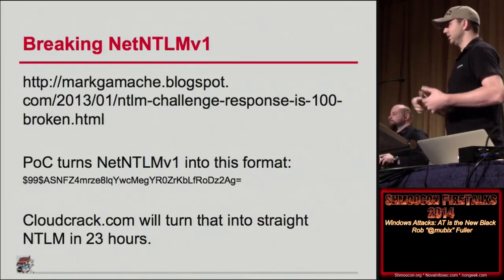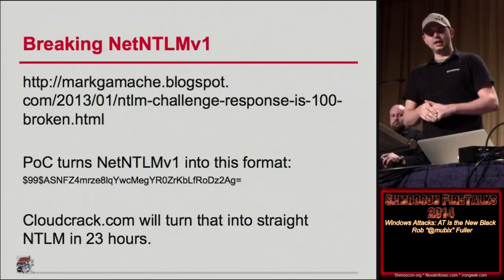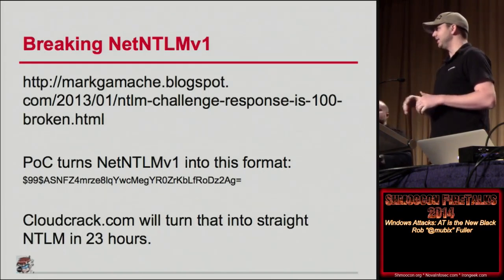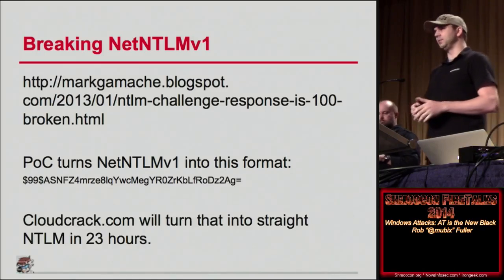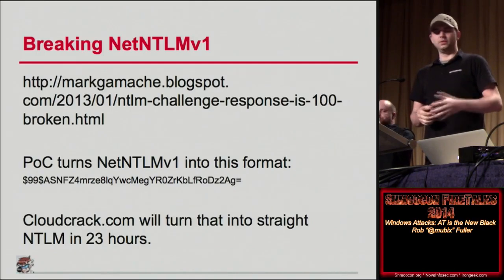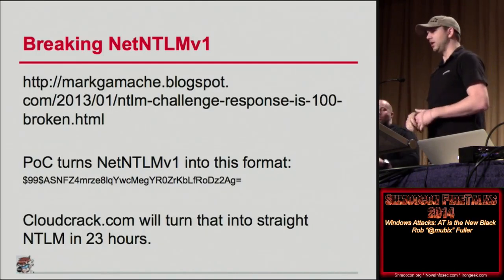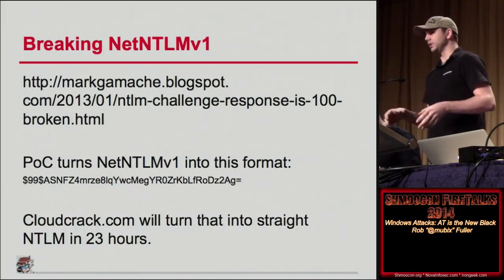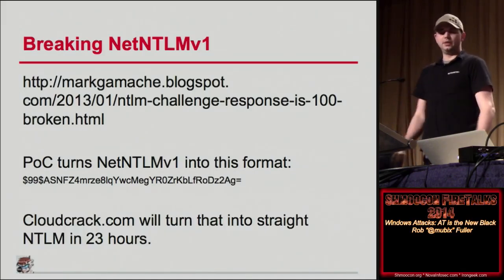This wasn't as public as it could have been, but there was a blog post about how NetNTLM is broken. Well, NetNTLM is not used as much as it used to be. For V1, it's usually V2 these days, but on HTTP requests, so SMB doesn't use it as much, but HTTP requests you see all the time.